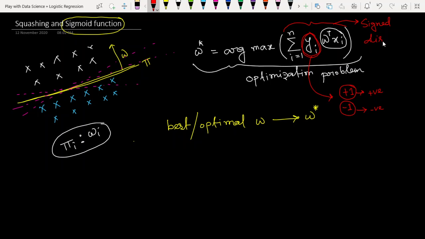One thing we have to remember is that w transpose xi is nothing but the distance from xi to any plane that we have assumed. So let's take one plane, that is pi.